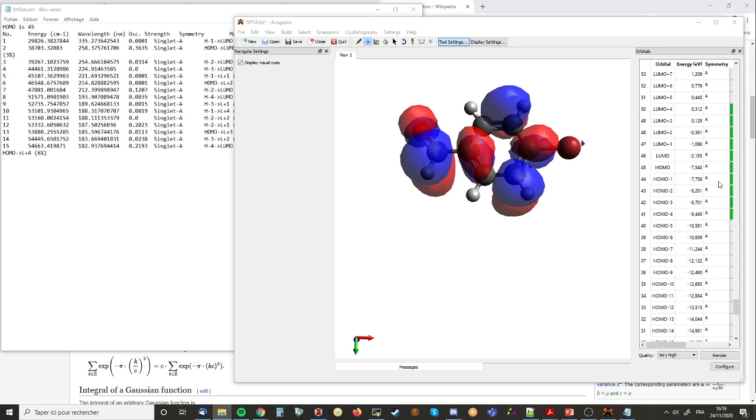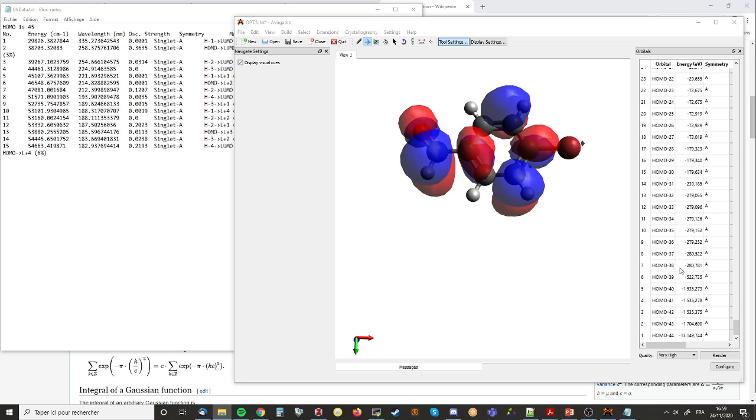However, the HOMO minus orbitals are all existing functions. For example, HOMO minus 44 is really low in energy, and this corresponds to the 1s of your bromine.